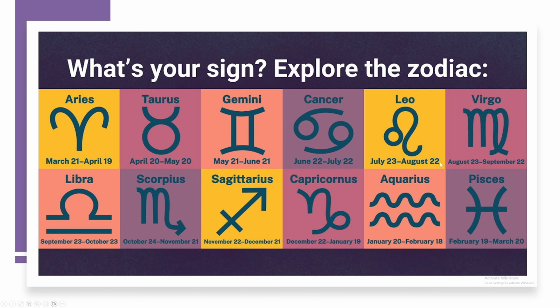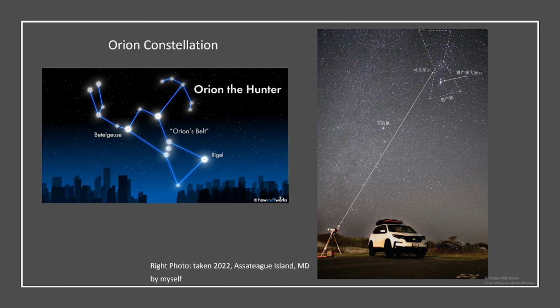This is exactly the time that the sun passes through Leo constellation. You also know that people with different constellations tend to have different personalities, and those personalities are predictable. But this topic belongs to astrology, which is not our topic today.